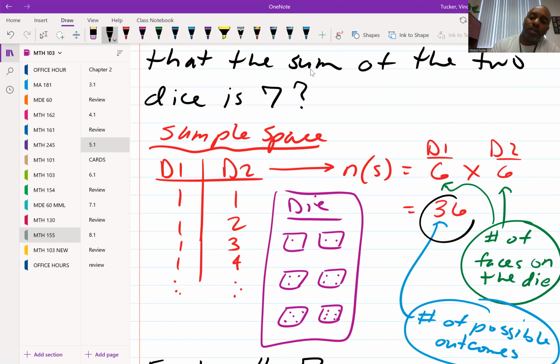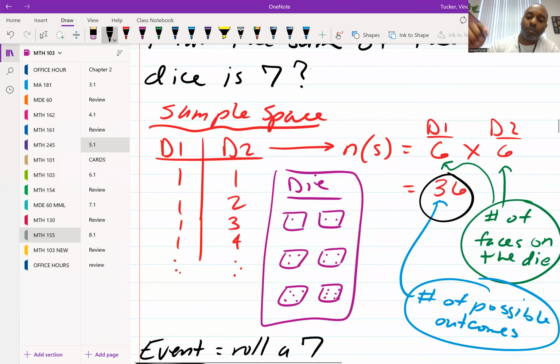Multiply those together, and I have 36 possible outcomes. That will always work as long as you can only choose one at a time from each category. So if I had a die that had 10 faces and another that had 8, then I would multiply 10 times 8, which would be 80. That will let you know how many outcomes can be generated.